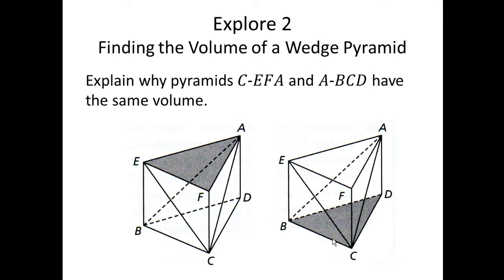So I know that at the very least they have congruent bases. I'm trying to establish that they have the same volume, so I check whether they have the same base area, which they do because I constructed it to be that way. And notice that they also have the same height, because this height FC I constructed so that it was congruent to the height AD. So that's the reason these two pyramids have the exact same volume.